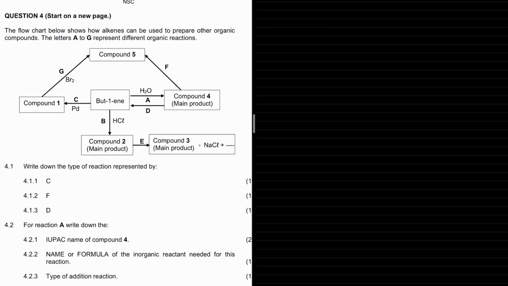And it goes like this. So a 1 to 1, meaning you're going from an alkane to an alkane, or something saturated to something saturated, that is called a substitution reaction. If you're going from a 1 to a 2, meaning an alkene, that is called an elimination reaction.